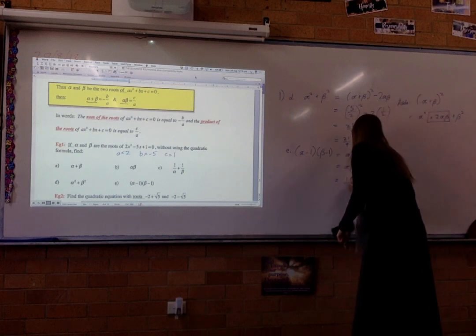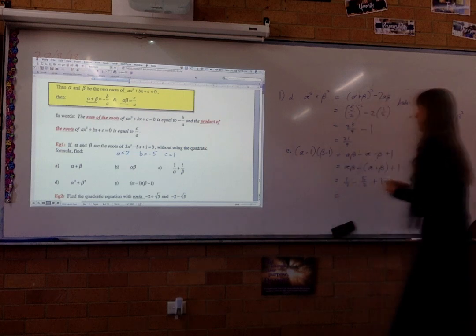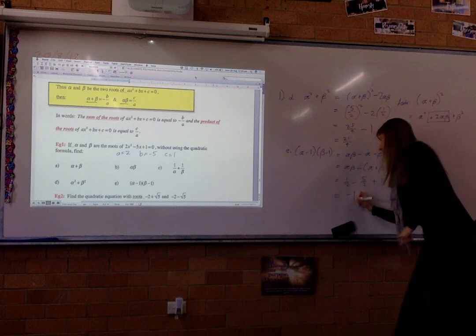Thank you, I'm muddling them up. Alpha beta was a half, and the sum was 5 over 2, wasn't it? Yeah. Okay. So we have a half, minus 5 on 2, which is negative 4 on 2, which is the same as negative 2. Negative 2 plus 1 is negative 1.